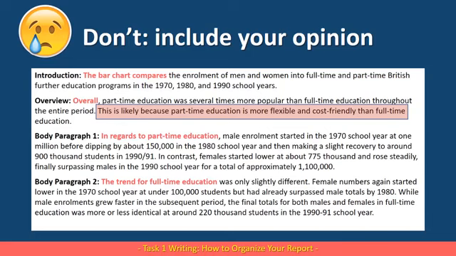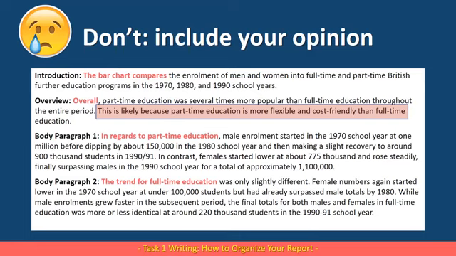This is likely because part-time education is more flexible and cost-friendly than full-time education. I don't care. The examiners don't care why this is true or why this happened. They just want to know what happened. What is the graph showing? Not why. Don't give your opinion. Don't include why. Only tell the examiner what is on the paper.